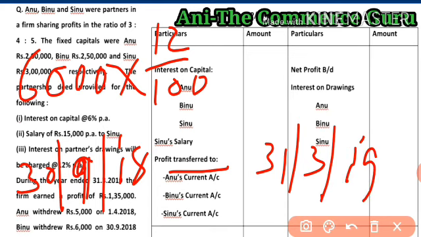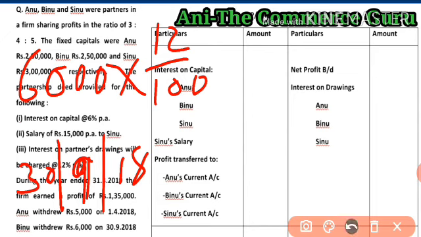So we could see a period of 6 months here, so we need to calculate interest for a period of 6 months.